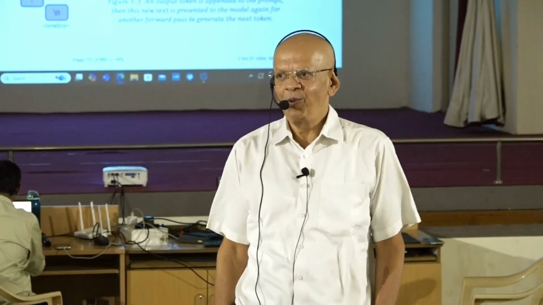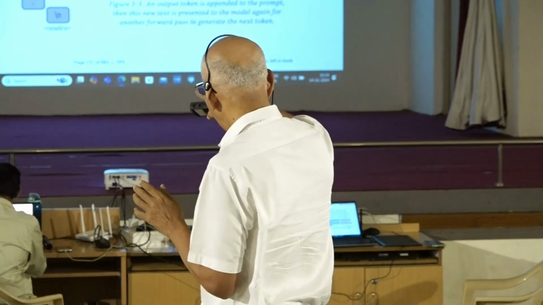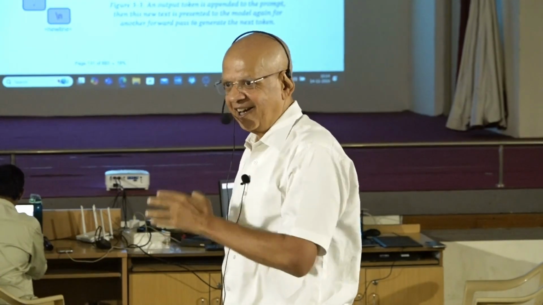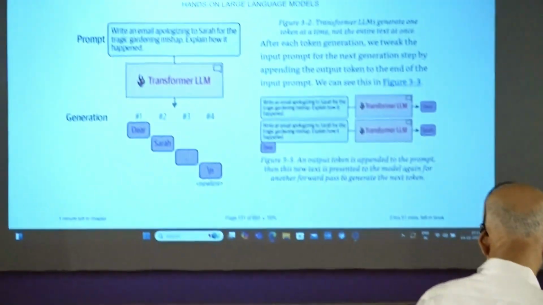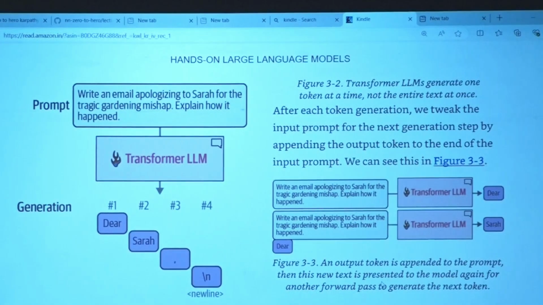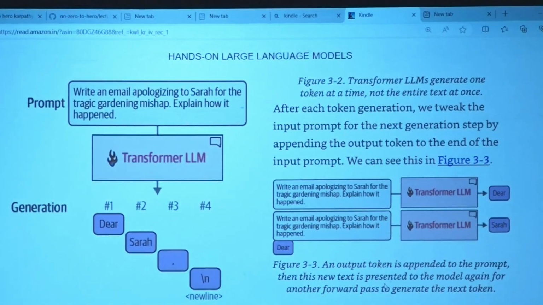After that, it used the rest of the sentence and dear and generated the next word, which was Sarah. Then it used dear, Sarah and the rest of the sentence and produced a comma. And after that, it took all that and produced a new line.